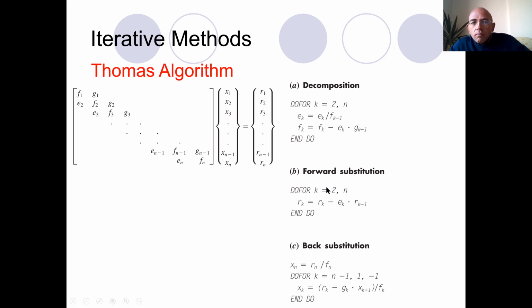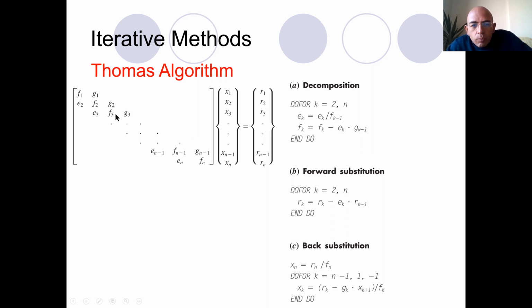One banded matrix is called a three-diagonal matrix. So let's say that we have a system of linear equations. Here, this matrix is the coefficient matrix. X's are the unknowns, and R's are the right-hand side of our equations.